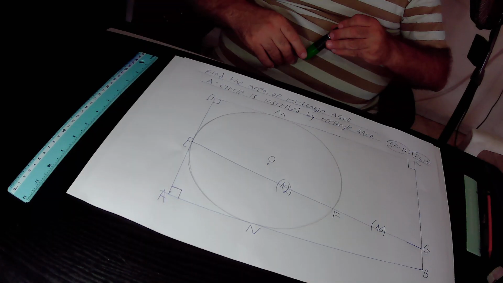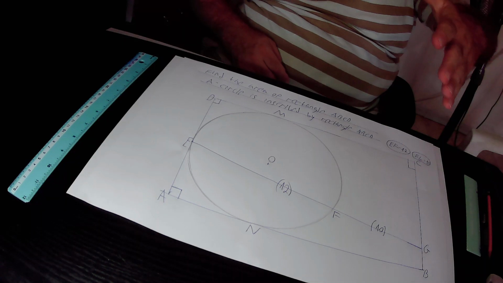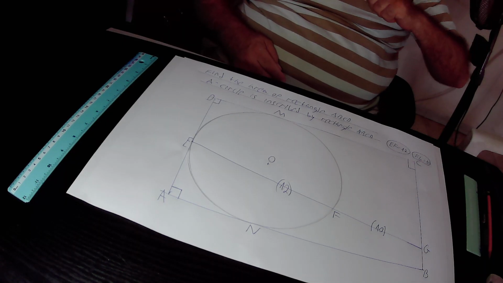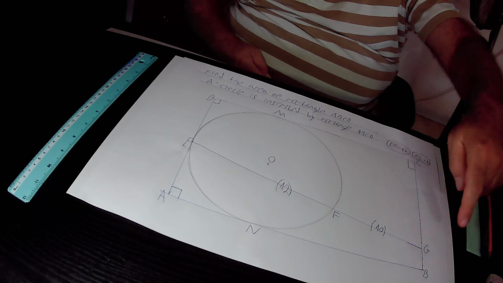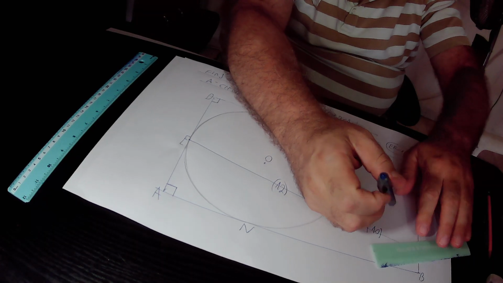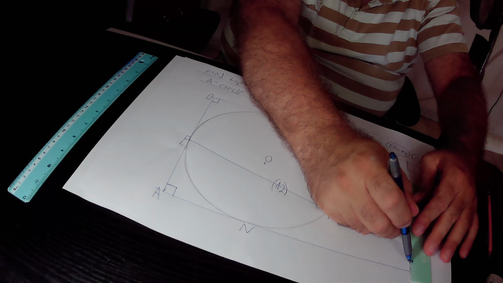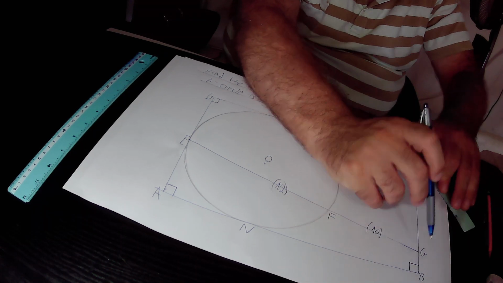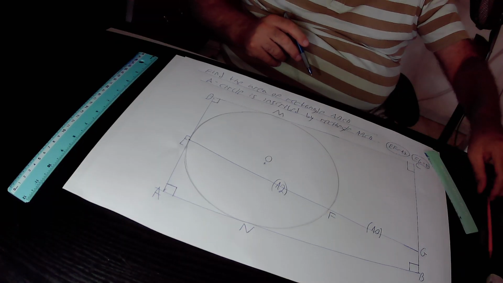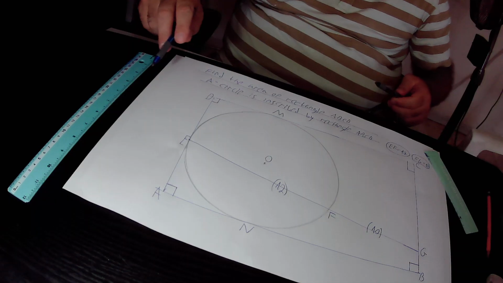So first of all, we know that all the angles inside any rectangle are right angles. So this angle is a right angle. We will define the length of this rectangle ABCD as AB.